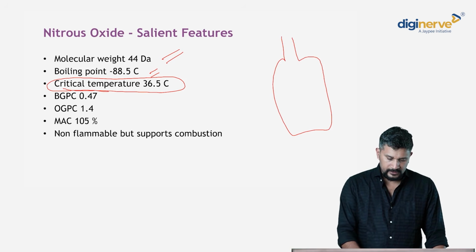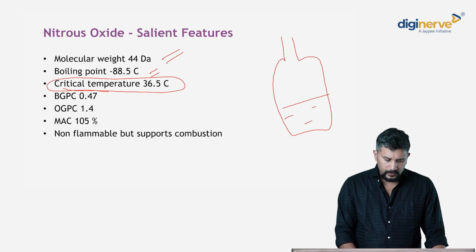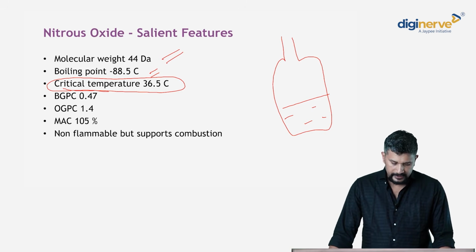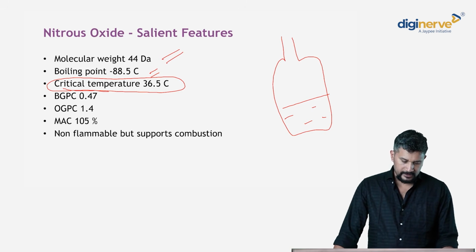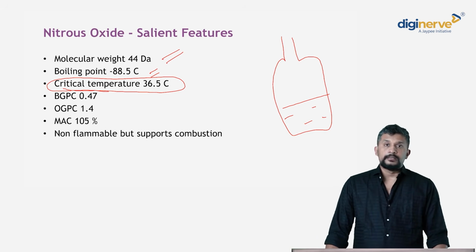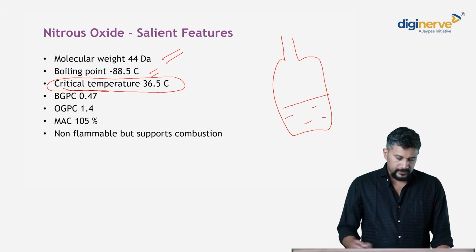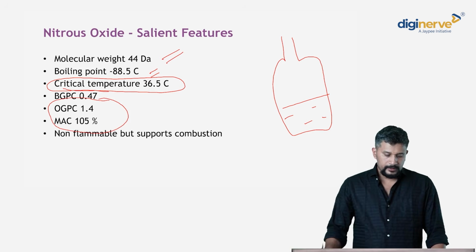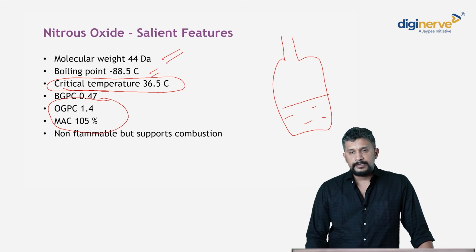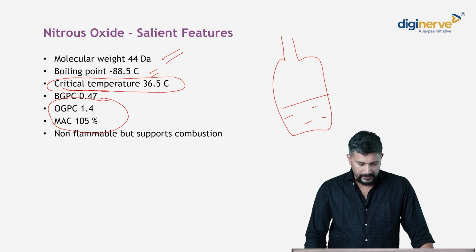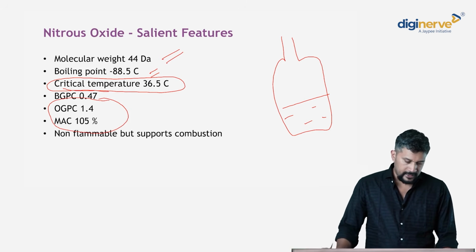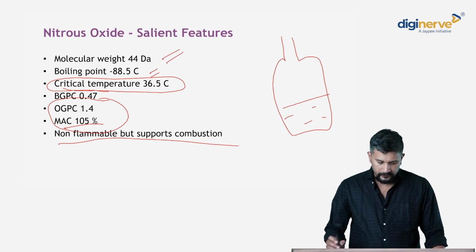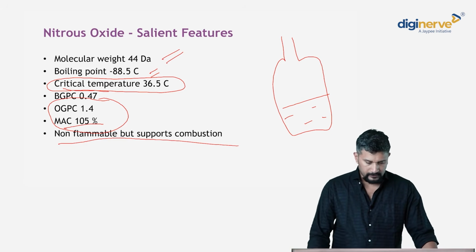Its blood gas partition coefficient of 0.47 is very low, and therefore it has a rapid onset and recovery. Its oil gas partition coefficient, however, is 1.4. Therefore, nitrous oxide is among the less potent anesthetic agents, with a MAC value of 105. Important: it is non-flammable, but it supports combustion.